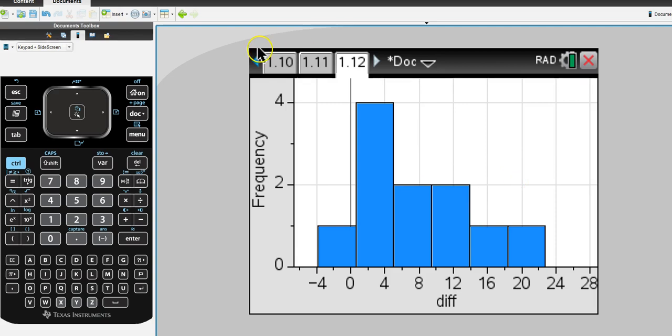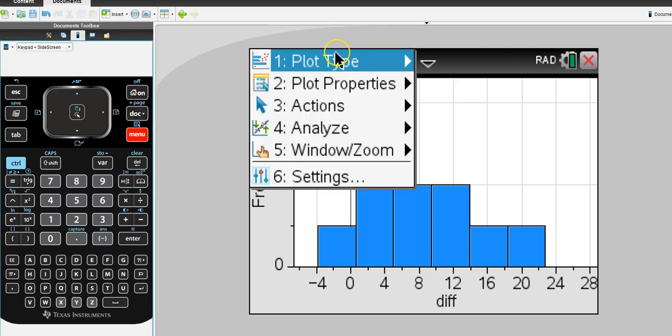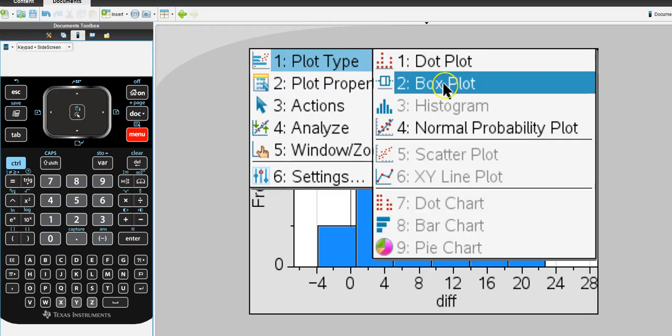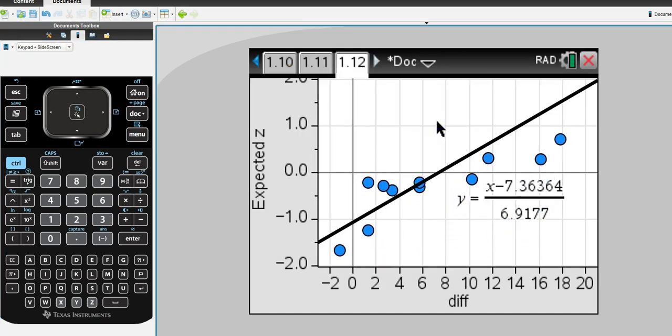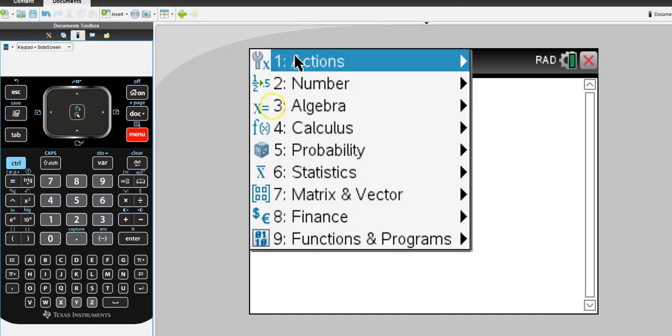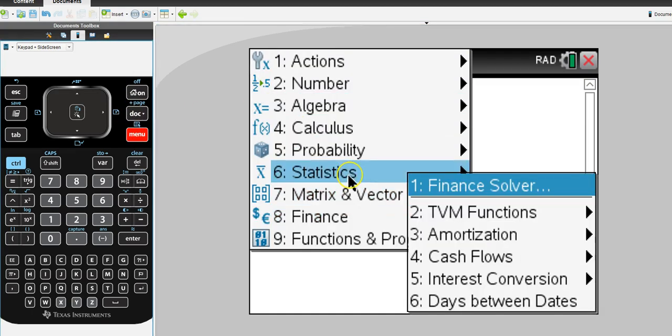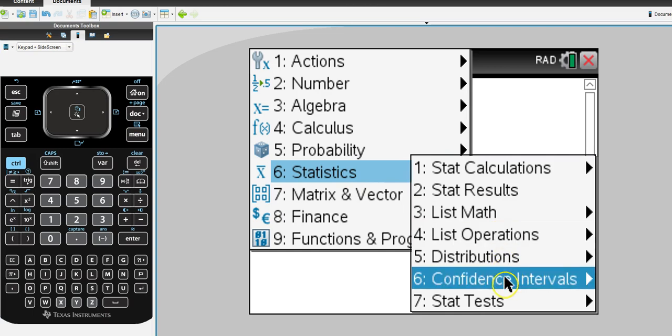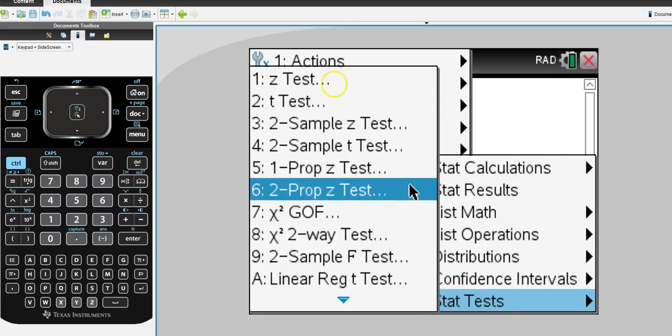If I'm not sure, then I'm going to check the normal probability plot, because that can sometimes help with a small set of data, like these are only 11 points. So normal probability plot. Yeah, once again, fairly straight, not a real problem. So I can say that it's okay to use the T model, that condition is satisfied. So now I'm going to go to a calculator page and do my t-test. So menu, statistics, stat tests, t-test.